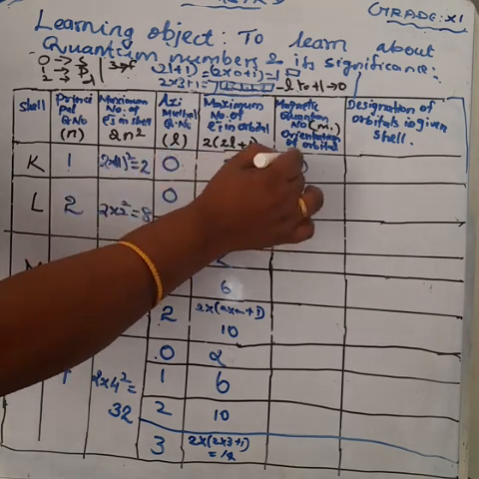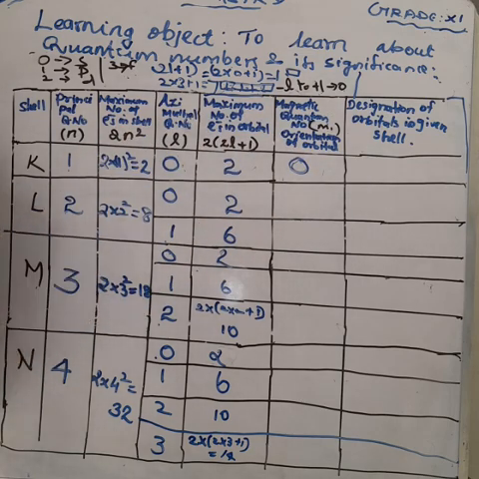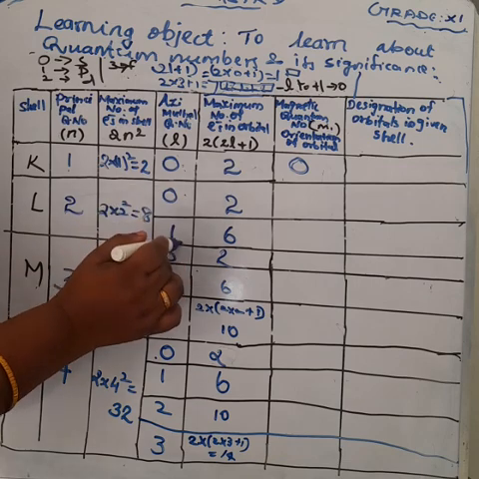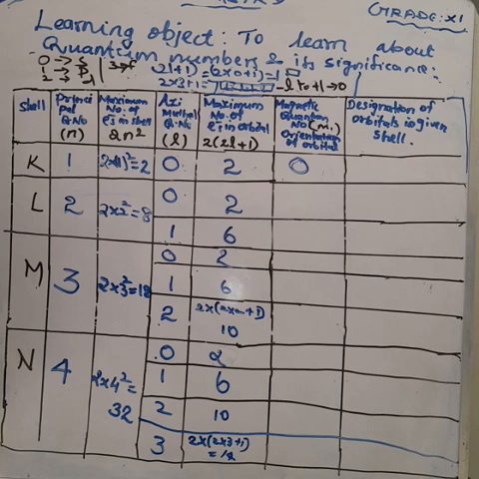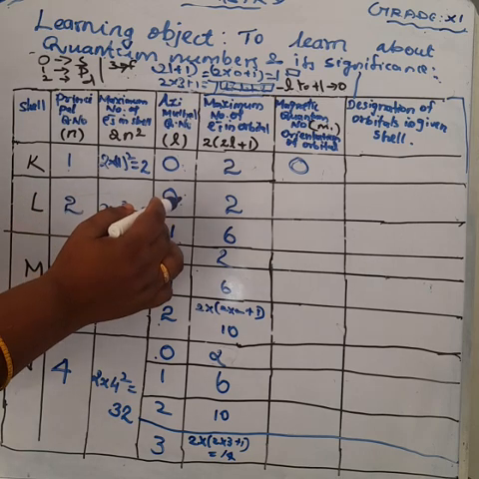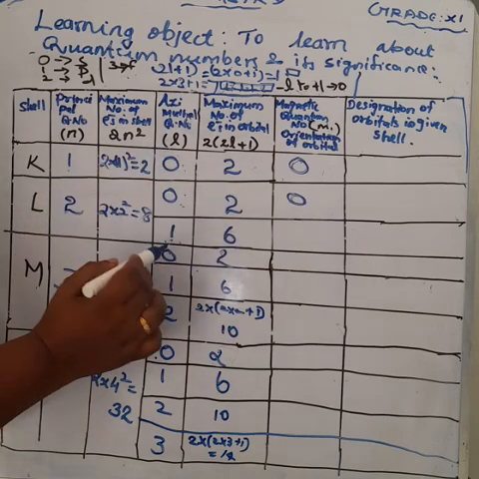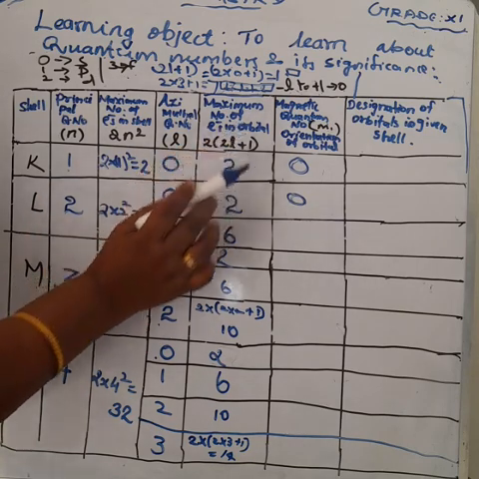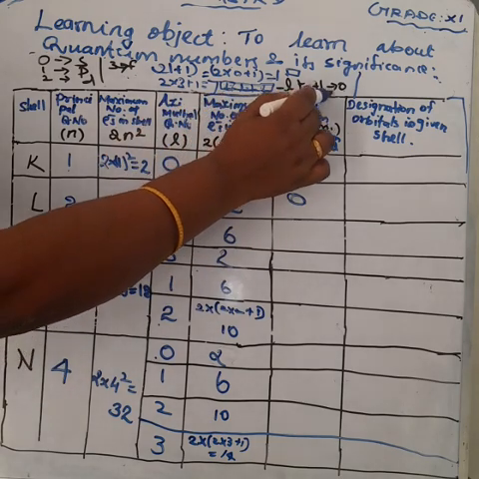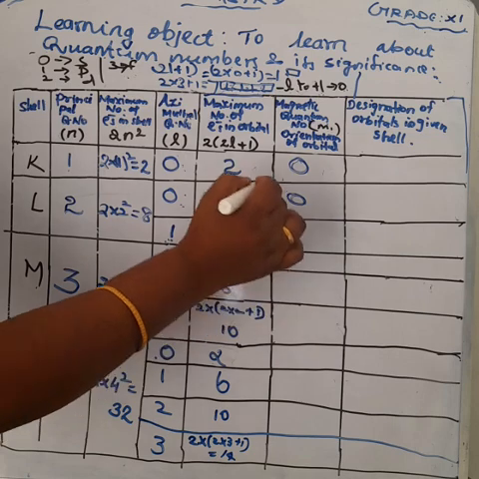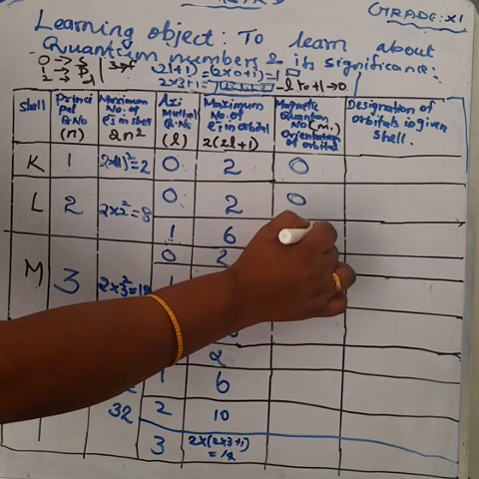Also, the K and L shell. How many subshells are there? 2 subshells, the s subshell and the p subshell. For the s subshell the orientation is 0, and for the p subshell l is equal to 1. How will you write the orientation? From minus l to plus l through 0, so l equal to 1 means minus 1, 0 and plus 1.